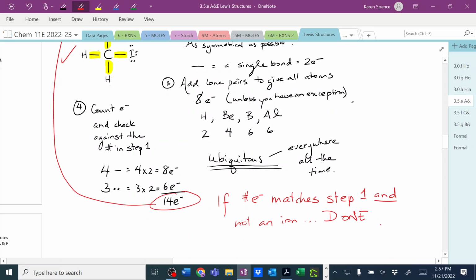You will show ionic in a completely different way. I'll show that to you later. And I don't think AP is going to focus on ionic, but I'll show it to you just in case. Okay? So that is one structure.